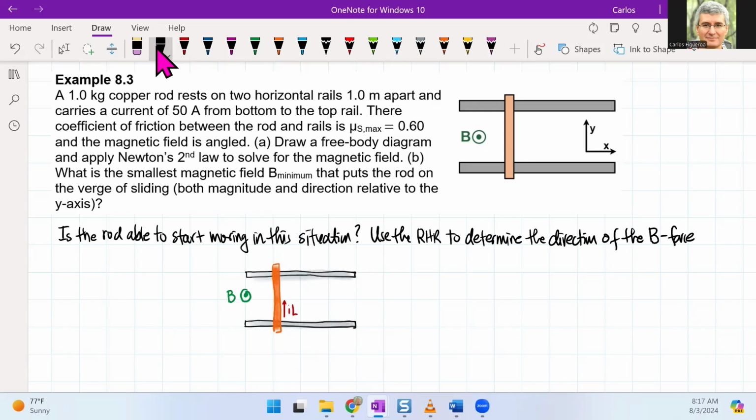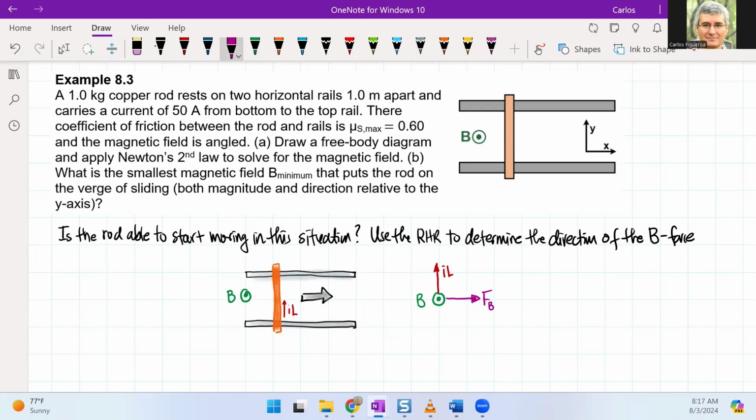So if I put this all together with the right-hand rule, here's my magnetic field. I'm going to have a current going in this direction. By the right-hand rule, I'm going to get a magnetic force in this direction. In other words, if the force is large enough, I'm going to get motion in this direction right here.